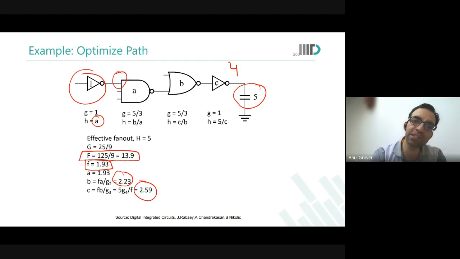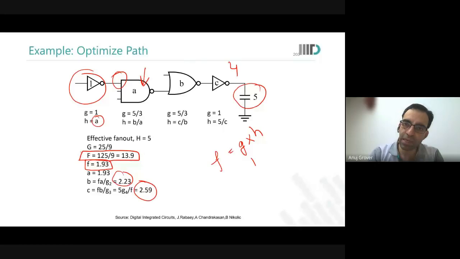C out is the input load that it sees for A. So A is 1.93. F is G and H. F is equal to G into H. Am I right? G is 1, and H is A.